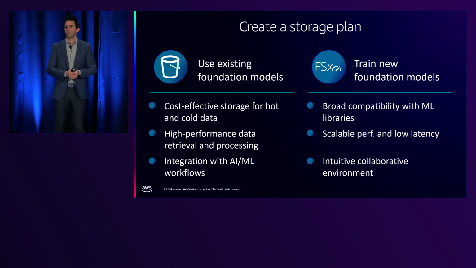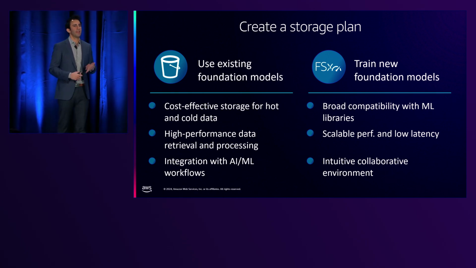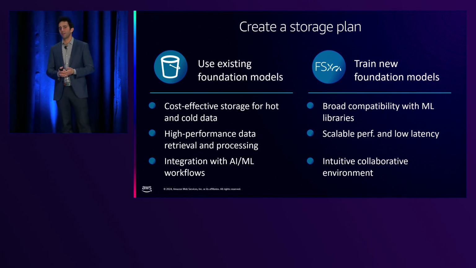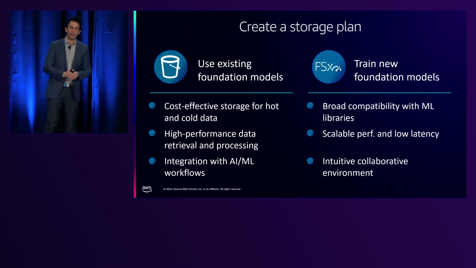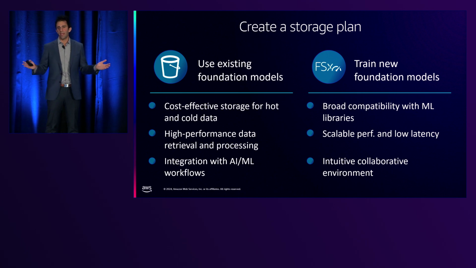We talked about how Amazon S3 provides highly scalable performance for data retrieval and processing, and how it integrates with most of the key AI/ML workflows that you might need to run to build your applications. And of course, in areas where an object store isn't fully compatible, Mount Point can help close many of those gaps. And then if you are building a foundation model from scratch, we talked about how you can use Amazon FSx for Lustre to get access to virtually any ML library that's out there, which might be helpful to fully optimize those GPU resources.